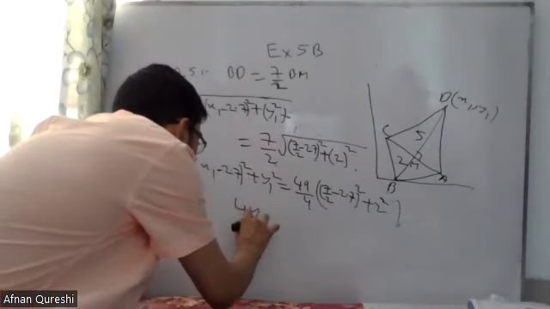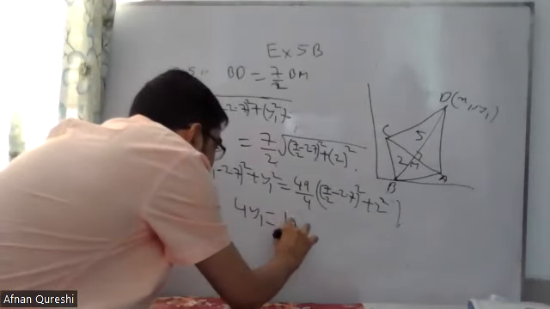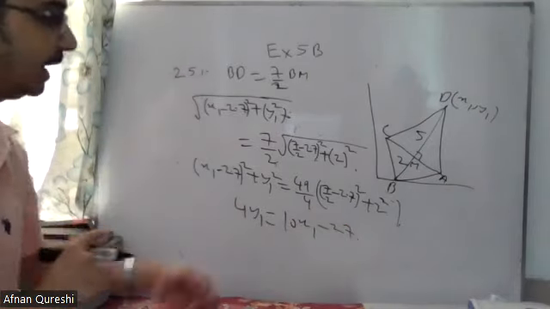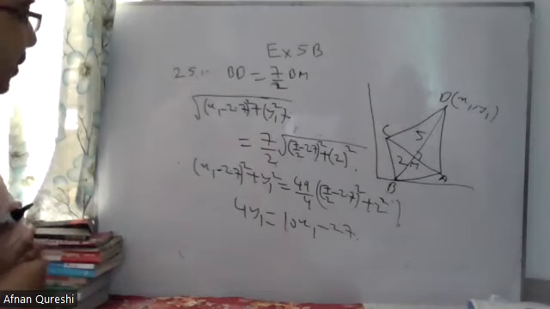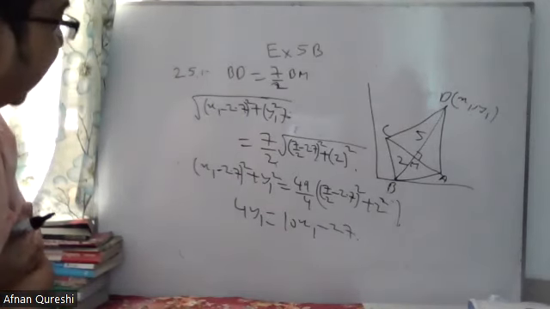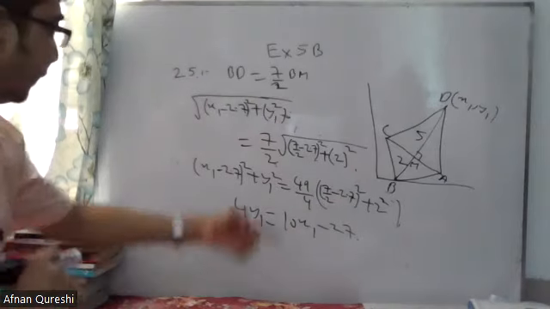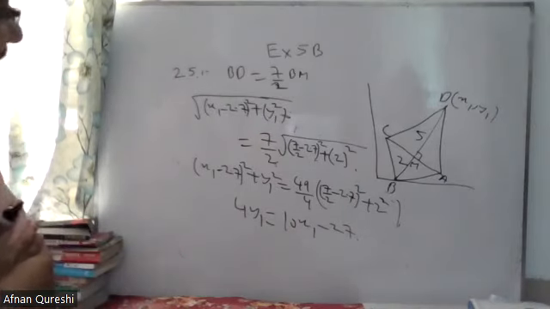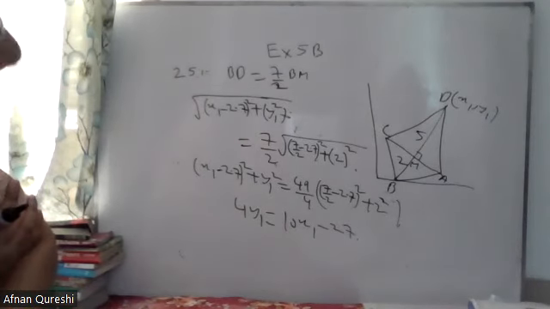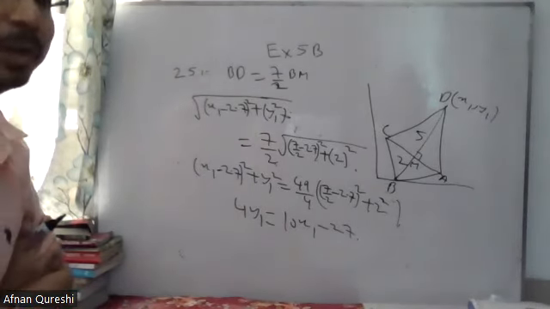So I have 4y1 is equal to 10x1 minus 27. So this is another equation. I can use the method of substitution. For example, I can write y1 is equal to 10x1 minus 27 by 4. Then insert y1 over here, and solve it to find the value of x1. Then from there, I can get the value of y1 also.